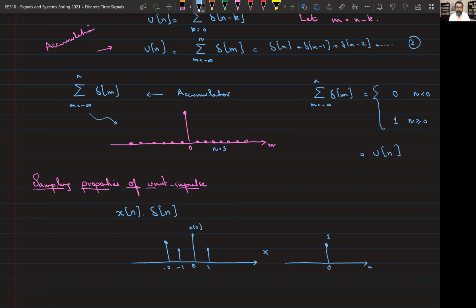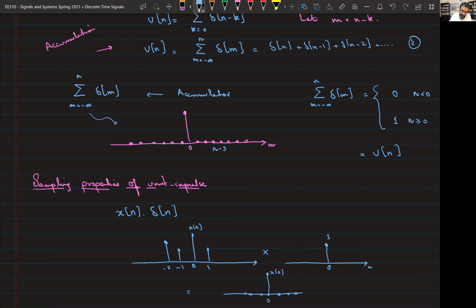So you get x of 0, excellent, Hamza, Rashid, it says KG, and other people have pointed out as well. This is going to be equal to x of 0 only at n equals 0, right? And is going to be equal to 0 at all other places. And as a result, at n equals 0, it's going to be something which has a height x of 0, and all other places will be 0.